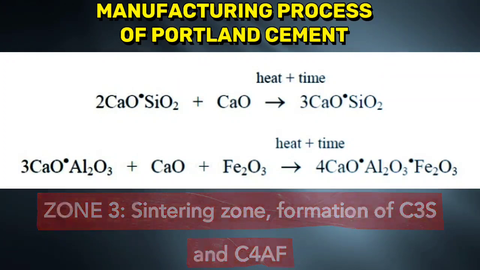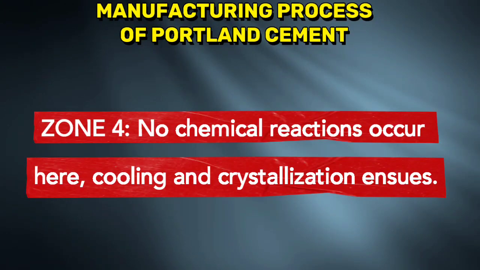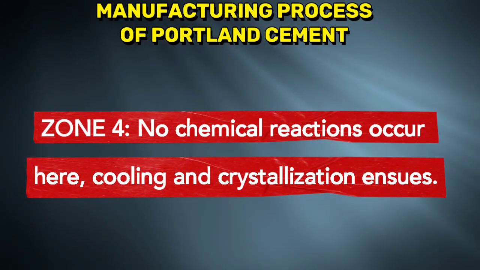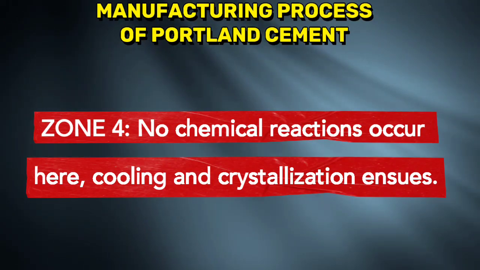So in zone 4, there is some degree of cooling and crystallization of the various mineral phases formed. All these minerals, C3S, C2S, are being formed in the kiln. It is in zone 4 that they are cooled and they crystallize.